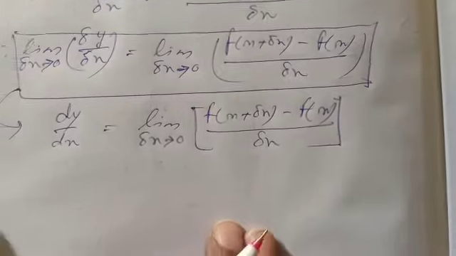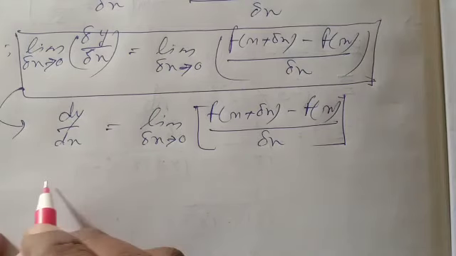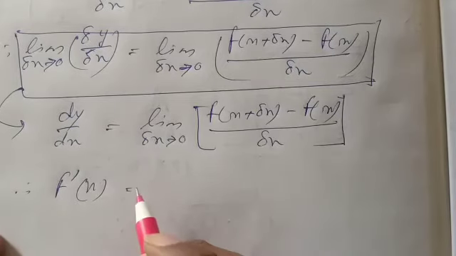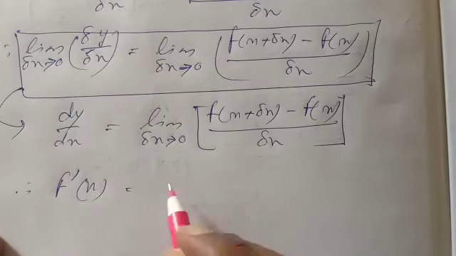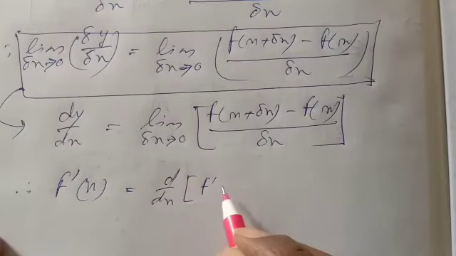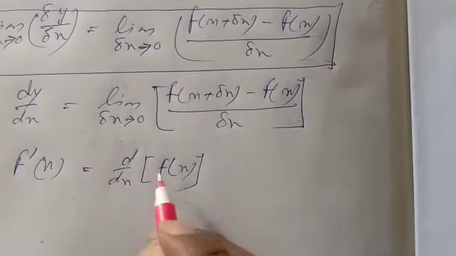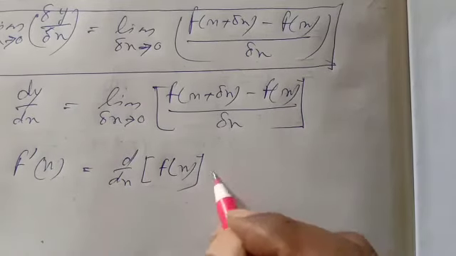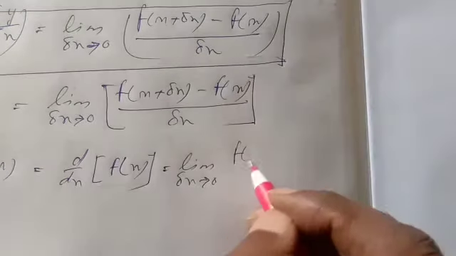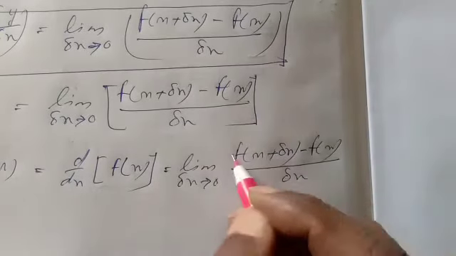The derivative at a point is given by dy by dx, and this is also written as f dash x. f dash is the derivative or differential coefficient of f of x, that is, dy by dx of f of x with respect to x, which is equal to the limit as delta x tends to 0 of f of x plus delta x minus f of x by delta x.